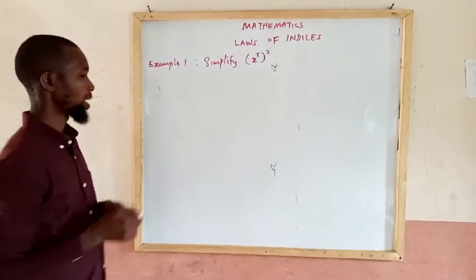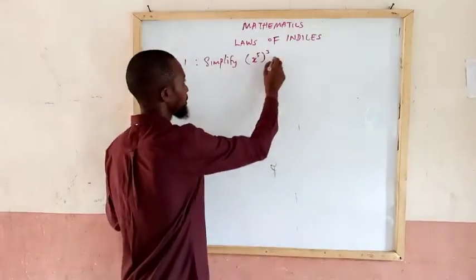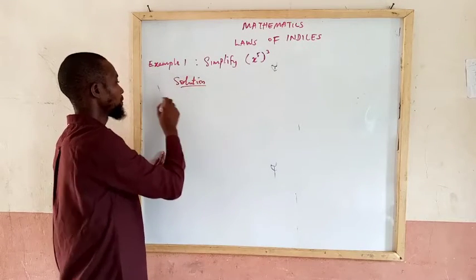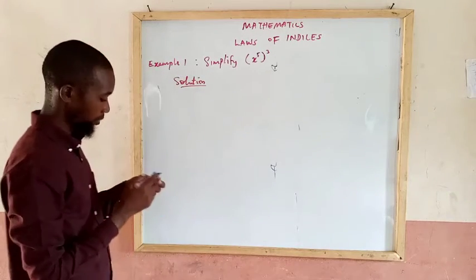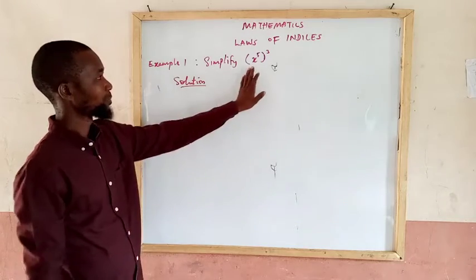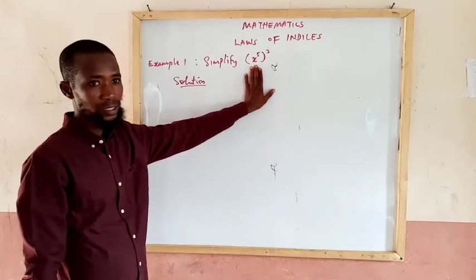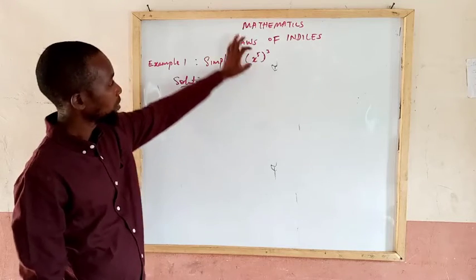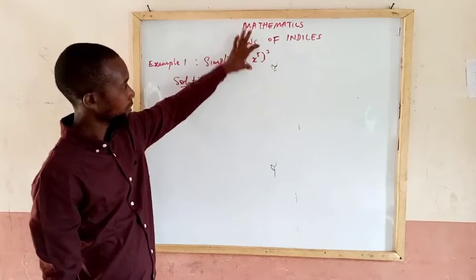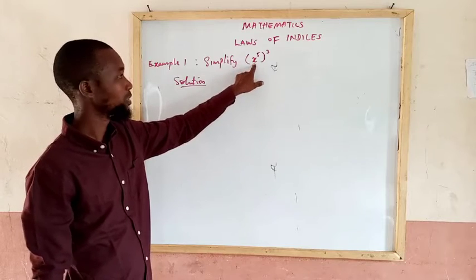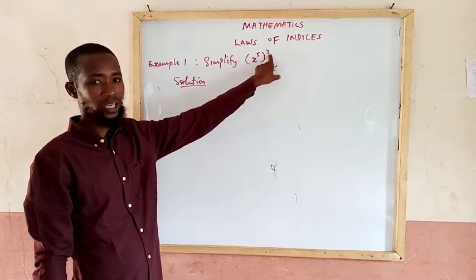So to do this, there are two approaches. Solution. The first approach is to perceive this thing as what you have inside the bracket. What it means is that the element inside the bracket should be repeated this number of times.